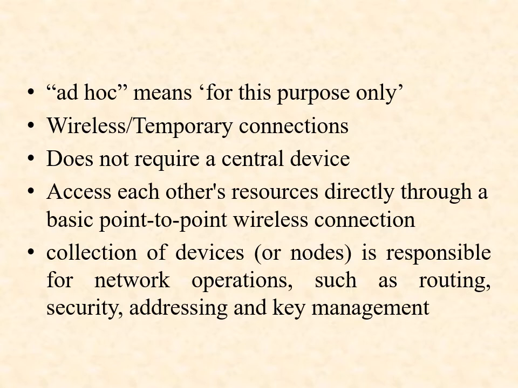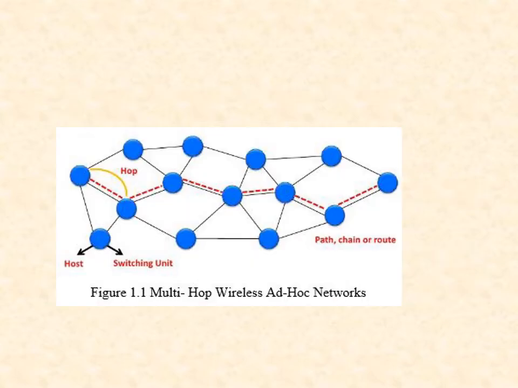In ad hoc wireless networks, a collection of devices called nodes is responsible for network operations such as routing, security, addressing, and key management. This figure 1.1 shows multi-hop wireless ad hoc networks. It is defined as a collection of nodes that communicate with one another wirelessly by using radio signals with a shared common channel.